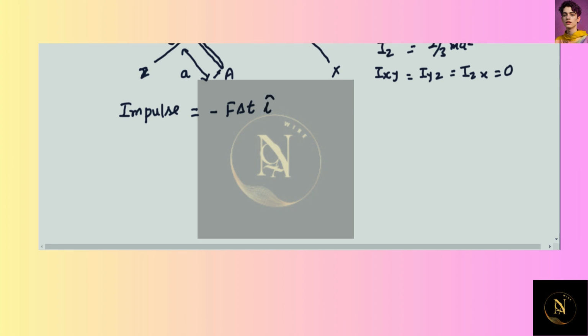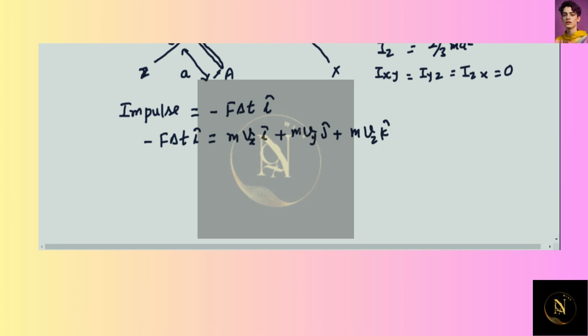So from the impulse momentum equation we can write F delta t i cap to be m vx i cap plus m vy j cap plus m vz k cap.